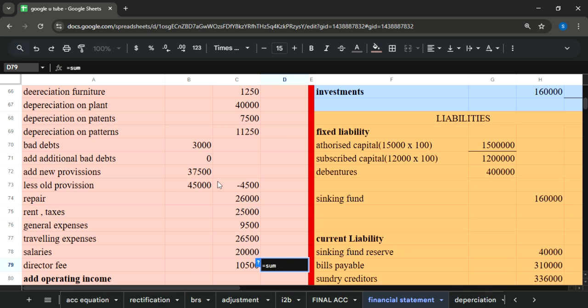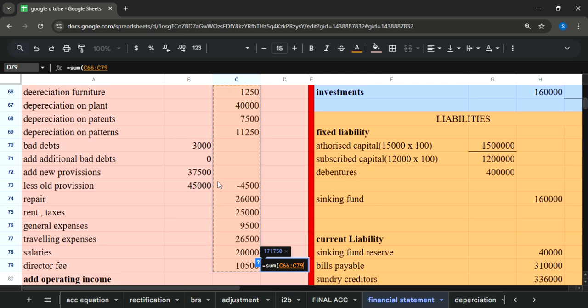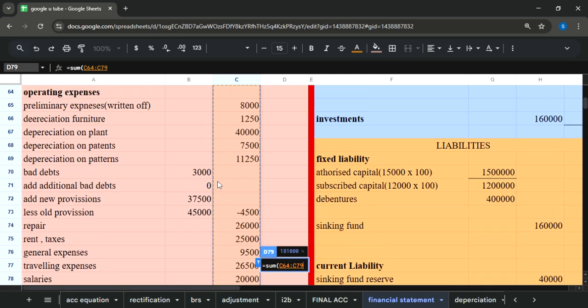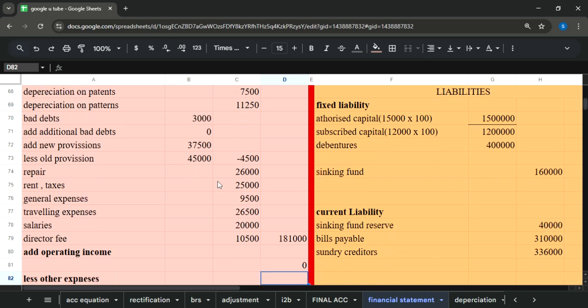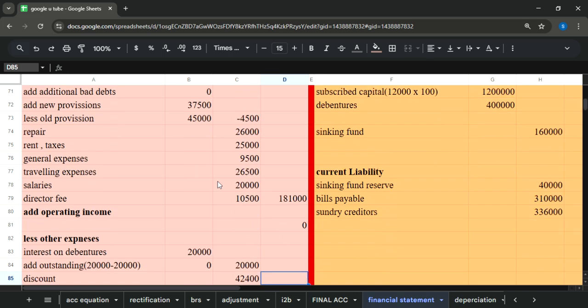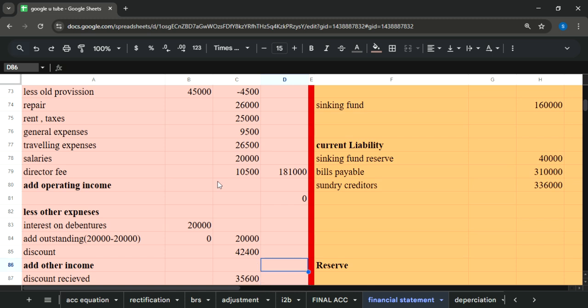So let's take sum of all amounts present at operating side. So this would be the sum of operating expenses, no operating income, and we have two other expense. Discount 42,400.